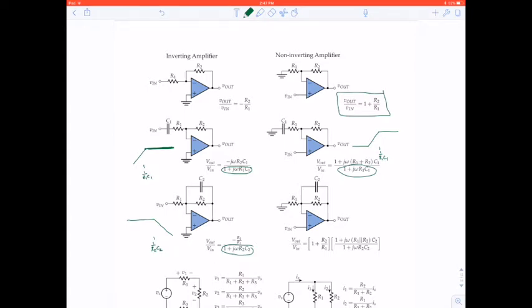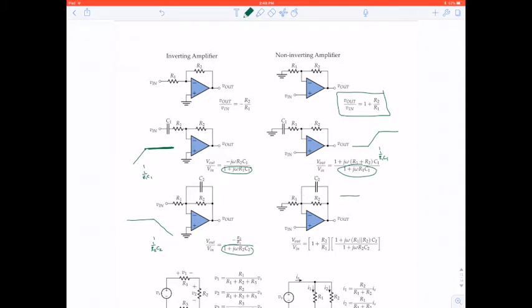The bottom one is the opposite. It starts at a gain of 1 plus R2 over R1, and at higher frequencies capacitor C2 becomes a short and ties the output to the negative terminal of the op-amp, which is at potential Vn, so the gain becomes unity at high frequencies.